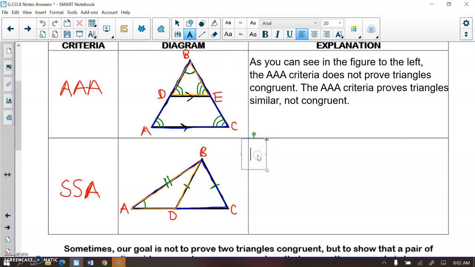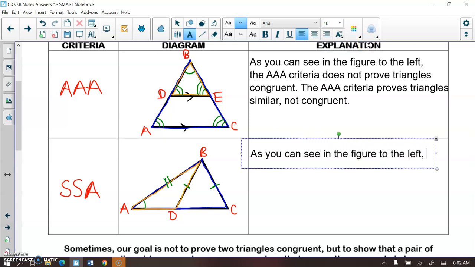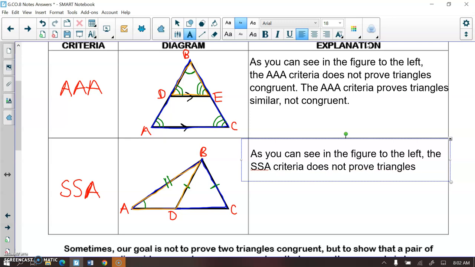So an explanation could be: as you can see in the figure to the left, the SSA criteria does not prove triangles congruent.